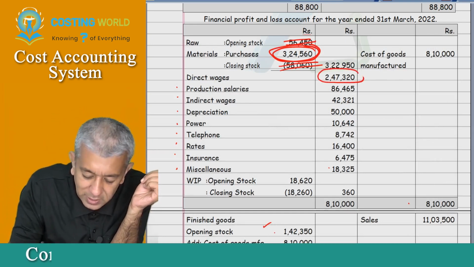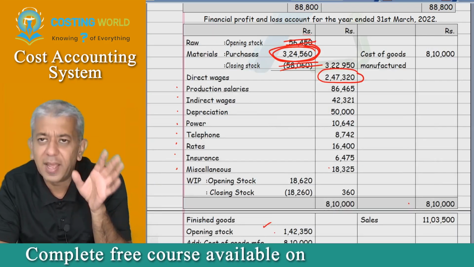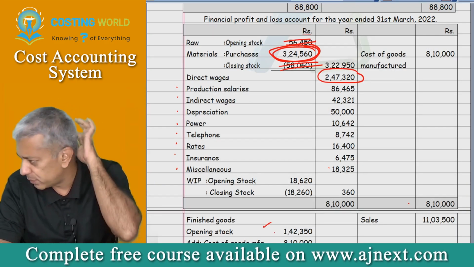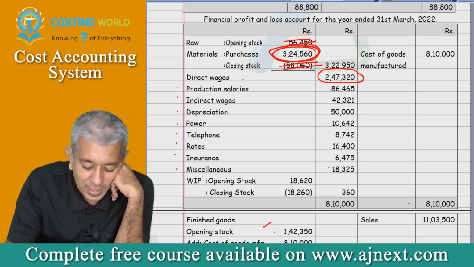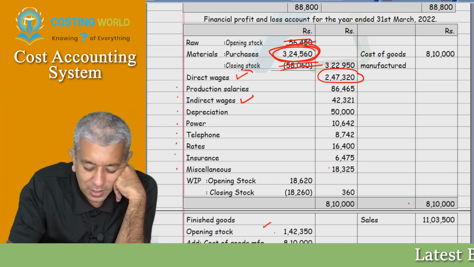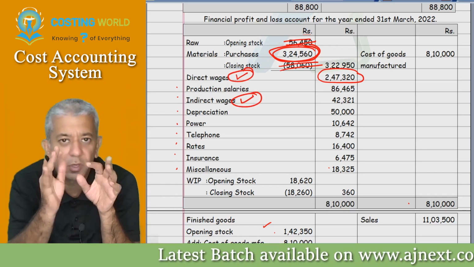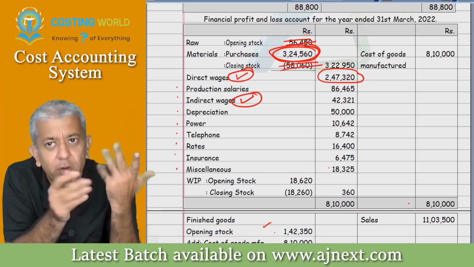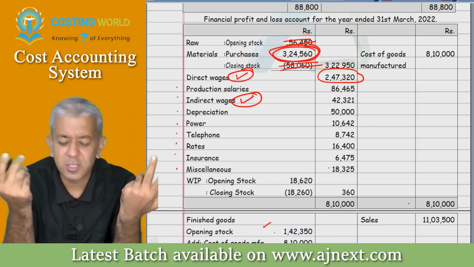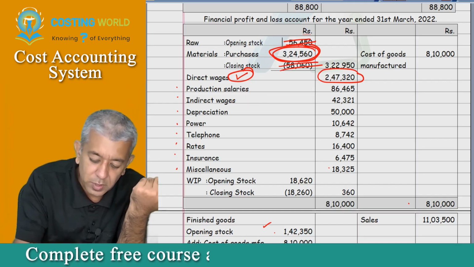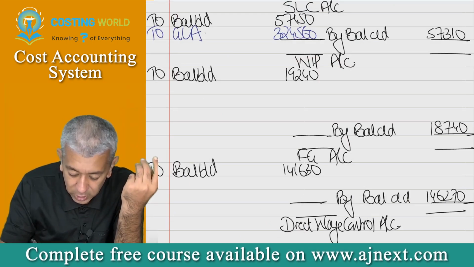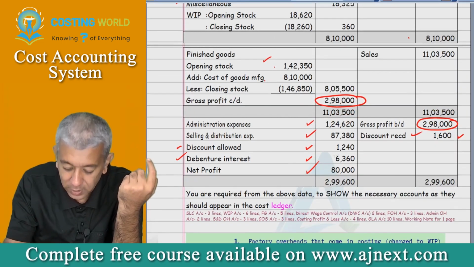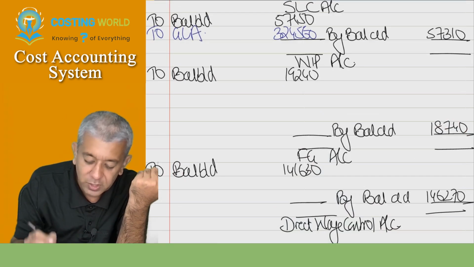Then, direct wages. Now, one thing I could have done, but I just wanted to show you some other option. There is direct wages and there is indirect wages. I could have clubbed both of them and done whatever we have always done. But just for this question, I thought we'll try something new. The account you have opened here is the direct wage control account.